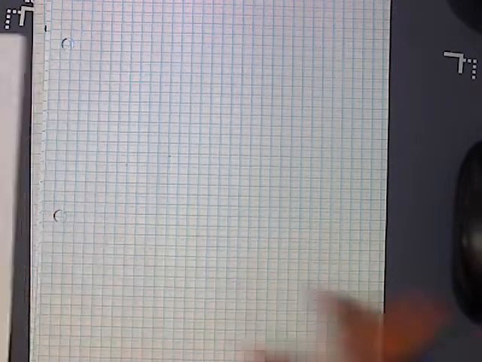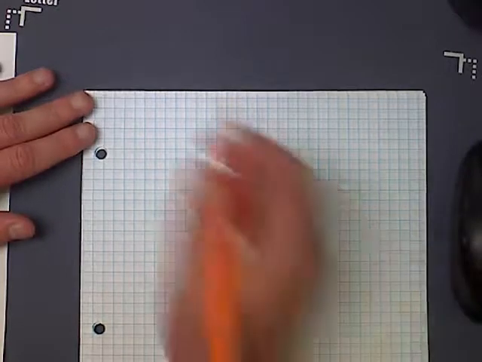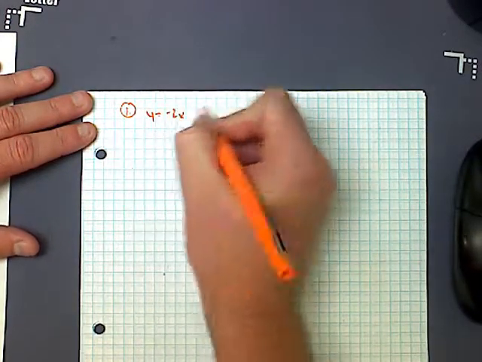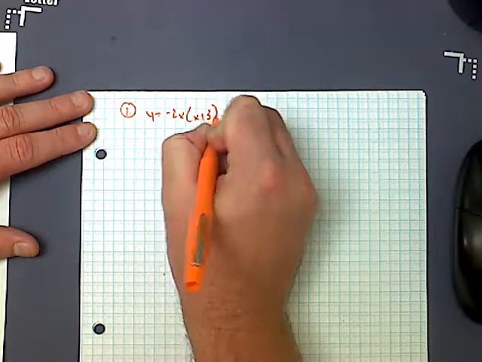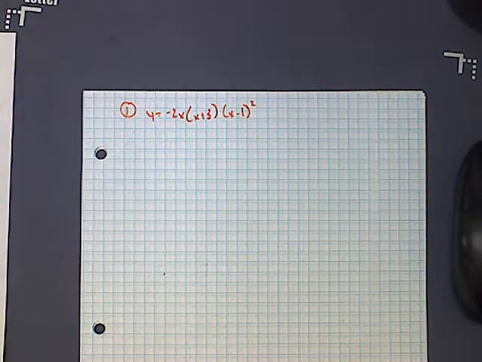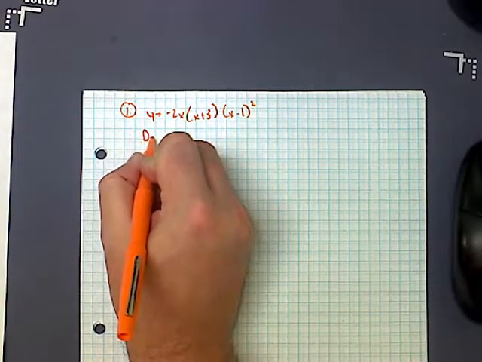Alright, so let's look at this example. Number 1, we have y equals negative 2x, and I'm just coming up with these examples. They are not in your notes. This is in factored form, so the first thing I need to do is find my degree.